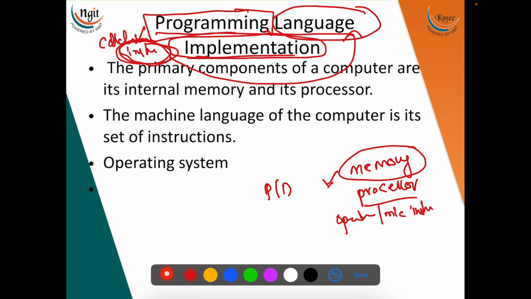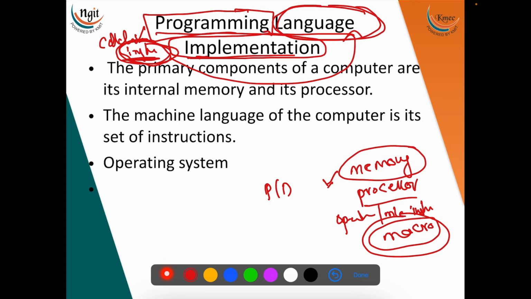These machine instructions are also called macro instructions. Okay, so I told you about instructions, right? Now what are these instructions? Macro instructions. We'll follow some language syntax or structure to write these kinds of instructions.